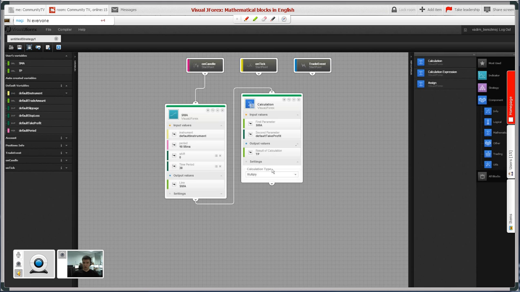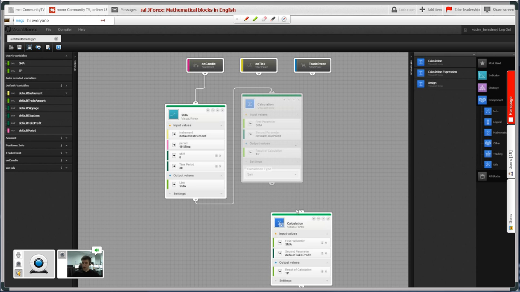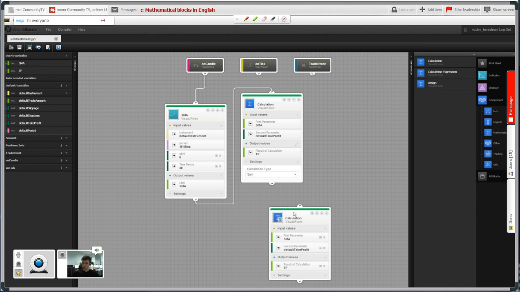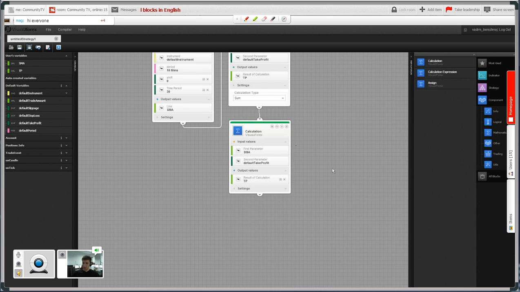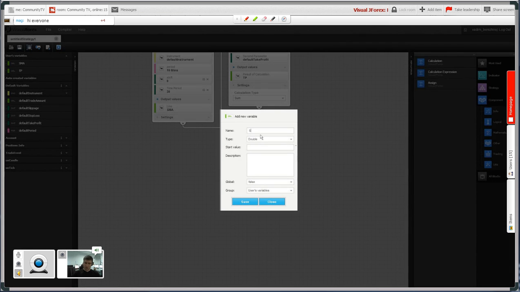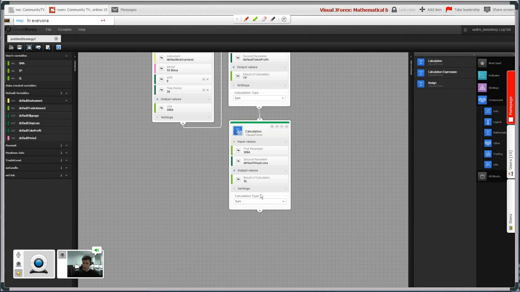For a long position, it would be sum. Then we just copy the block and make some changes. Once again, simple moving average. Here we would use the default stop loss level, and here we will use a new variable stop loss. And the operation would be subtraction.